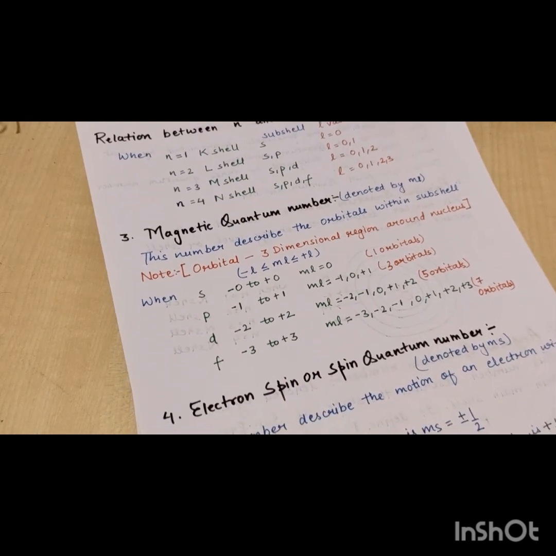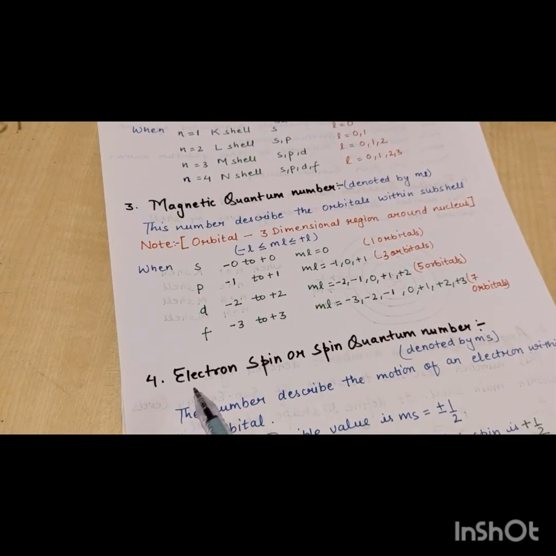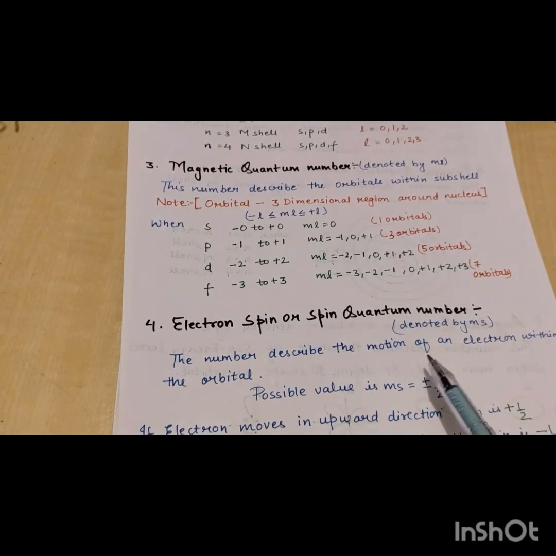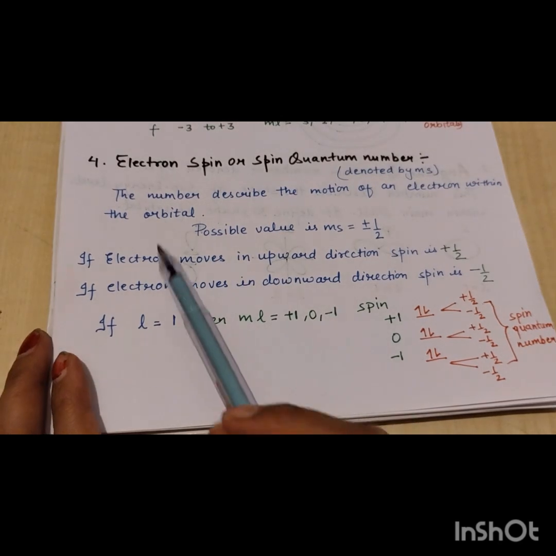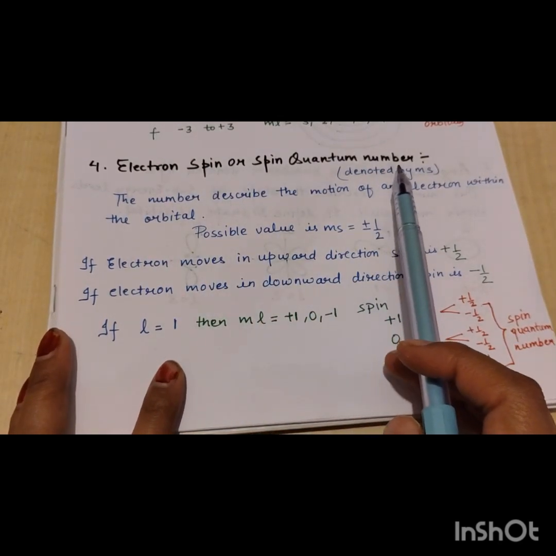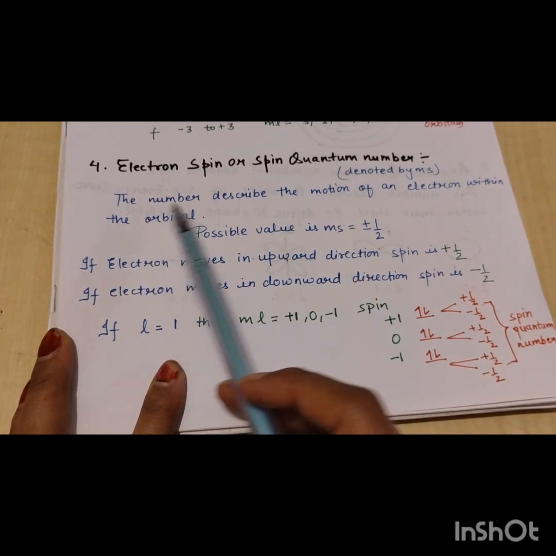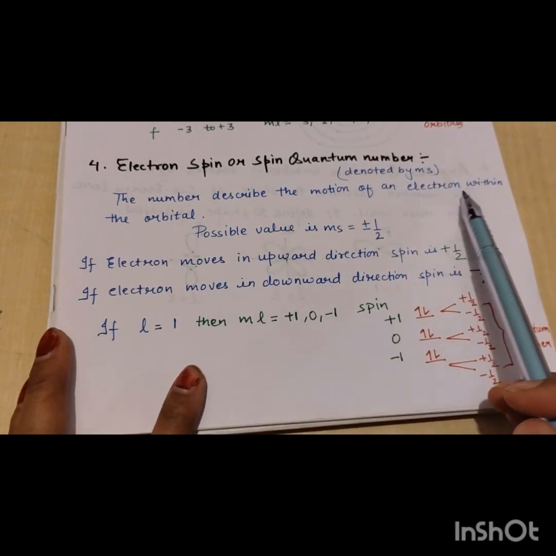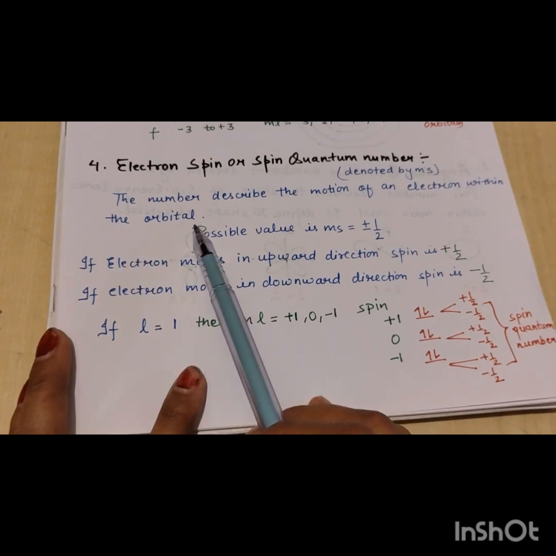Now next, moving towards the last one, electron spin or spin quantum number, which is denoted by ms. What is the spin quantum number? This number describes the motion of an electron within the orbital.